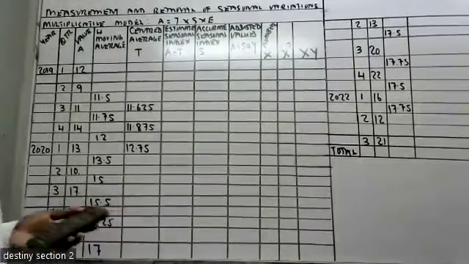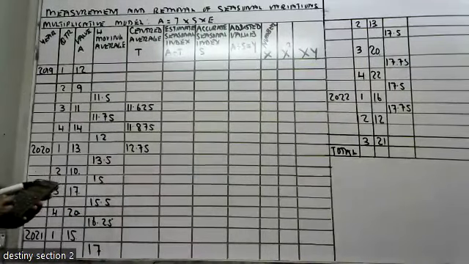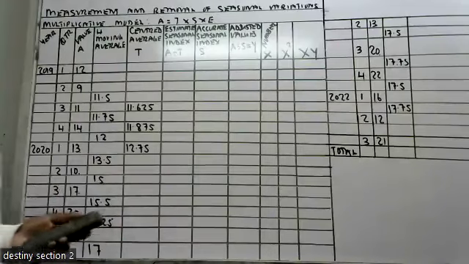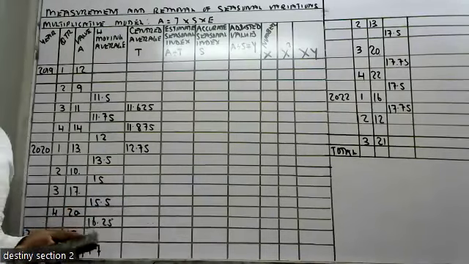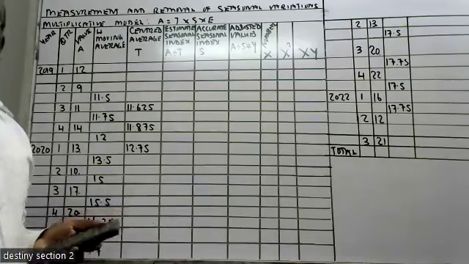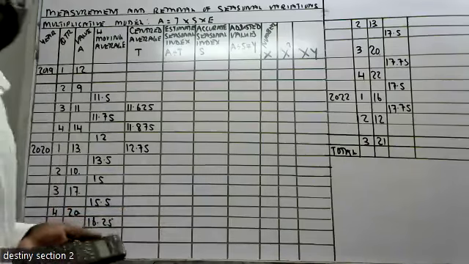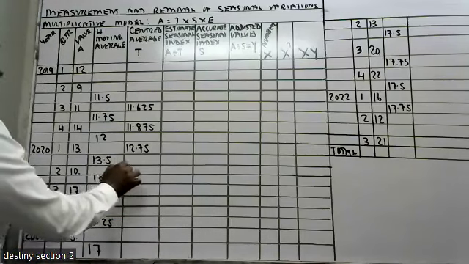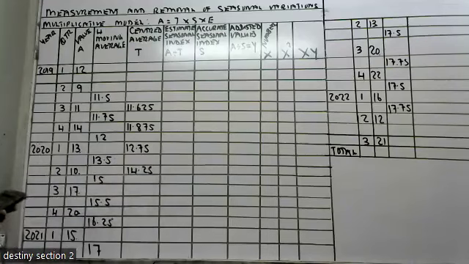Let's go to the next one. 13.5 plus 15 divided by 2 equals what? Let me get the answers now. I read 14.25. Now we take 15 plus 15.5 divided by 2.